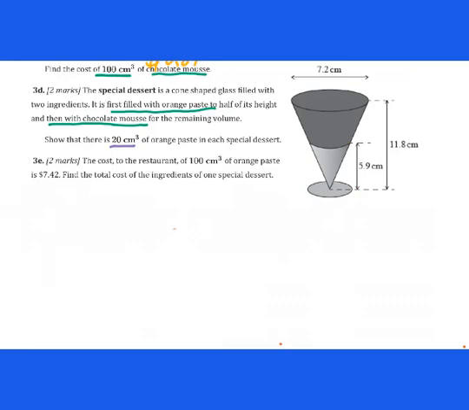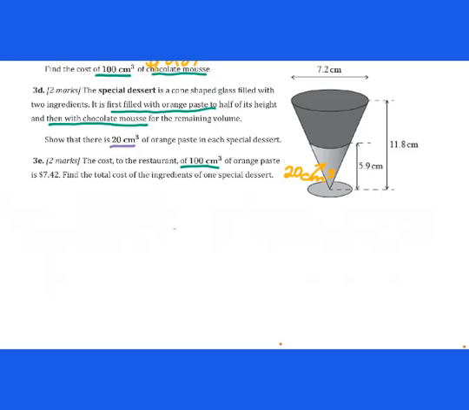The cost to the restaurant of 100 centimeter cubed of orange paste is $7.42. Find the total cost of the ingredients of one special dessert. We already know the volume for the orange paste is 20 centimeter cubed.